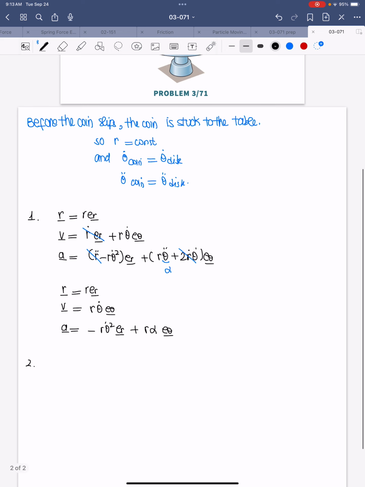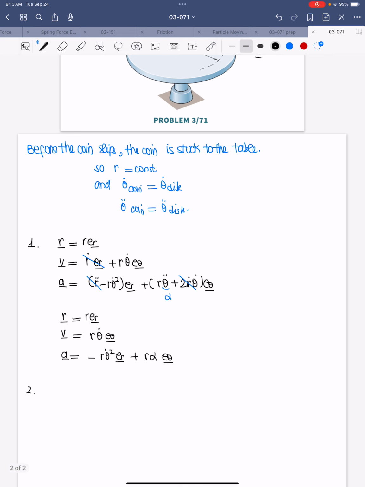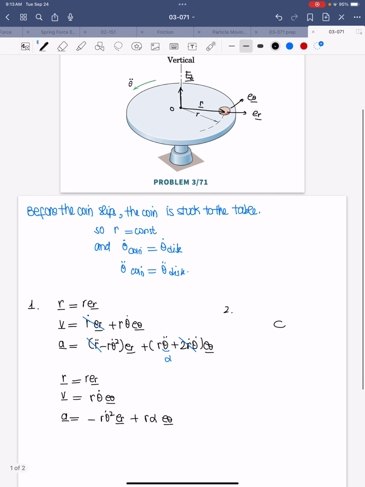Okay, if I want to draw the free body diagram of the coin, I'll just do it here. The forces acting on the coin are the weight, the normal force, and the friction force. So this is a particle on the surface. The normal force is going to have one direction, here along EZ. And the friction force has components both along ER and E theta, both vectors that are tangent to the plane where the coin is free to move.